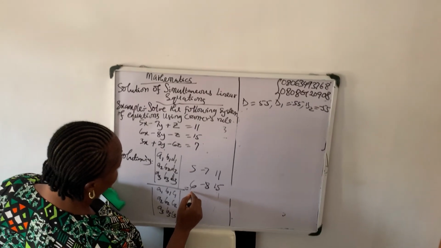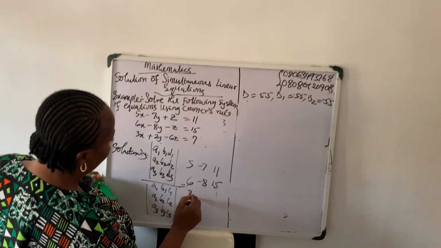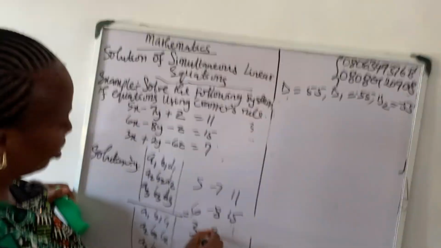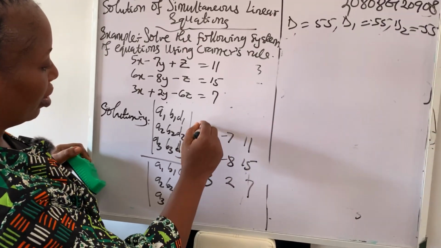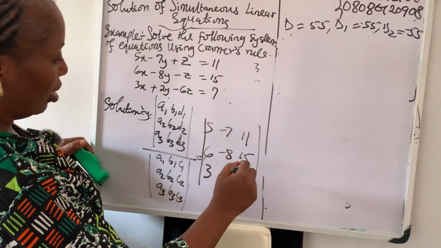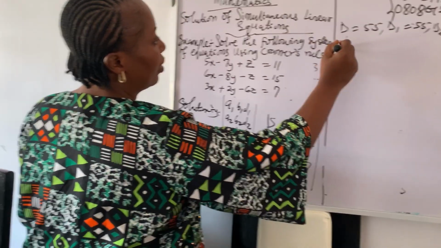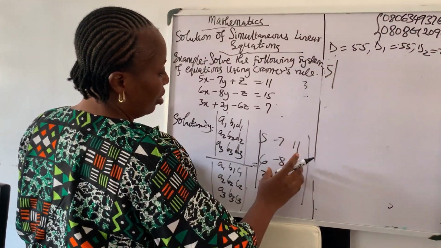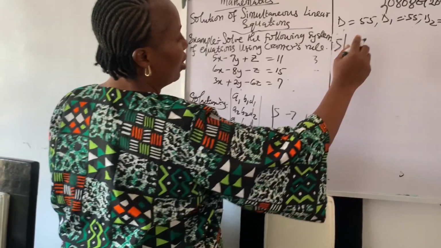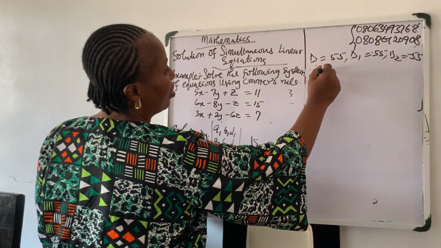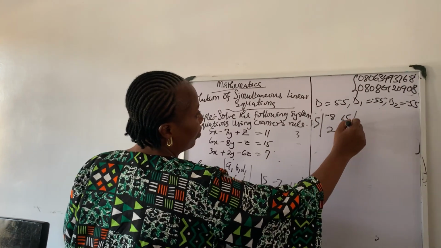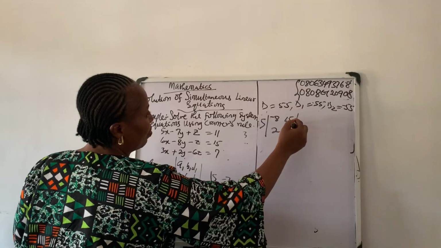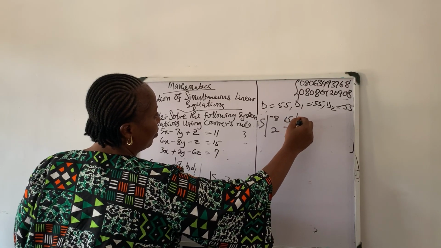A3 is 3. B3 is 2. D3 is 7. Now let's get the value. Pick again. Minus 8, 15, and 2 and 7. Minus times minus is plus, so it becomes plus 7.